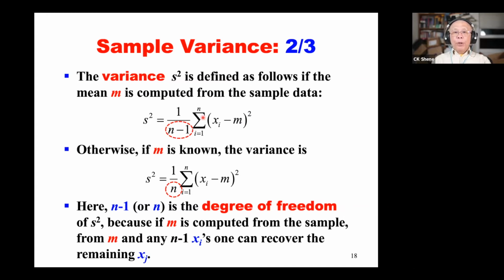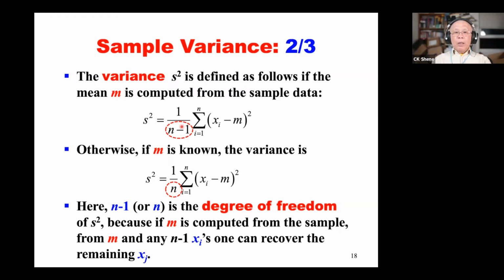Now we have two slightly different formulas here. This one divides the sum of squares by n minus 1. This one divides the same sum of squares by n. So what is the difference? If the mean value is calculated from the sample data, we use n minus 1. Now, if m is known, we divide by n.